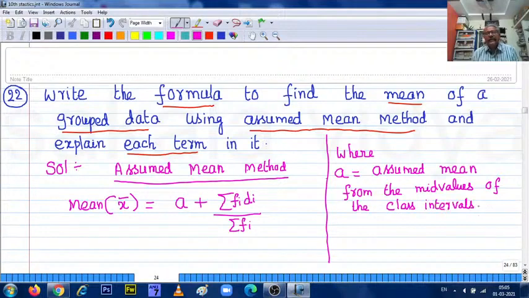In some textbooks it may be small a, in some textbooks it may be capital A. Better you take small a, no problem.